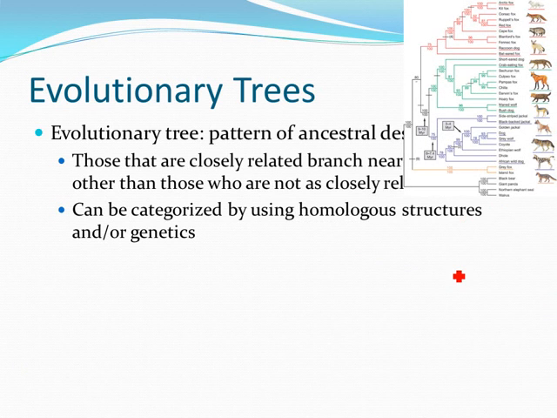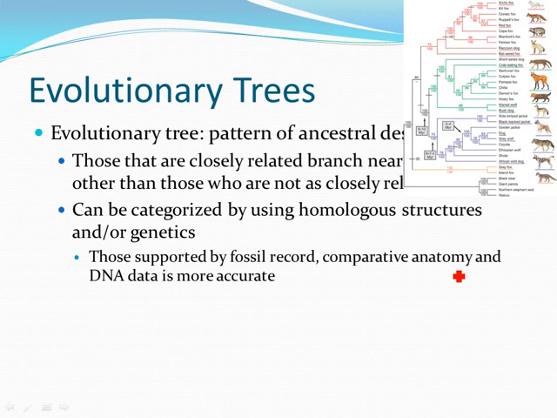Remember how we were talking about chimpanzees being really similar to humans? Our DNA sequences are very similar. So we have a common ancestor more recently with the chimpanzee than with the gorilla that we saw earlier. And of course, trees supported by the fossil record, comparative anatomy, and also the DNA data will become more and more accurate.